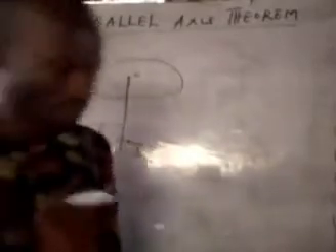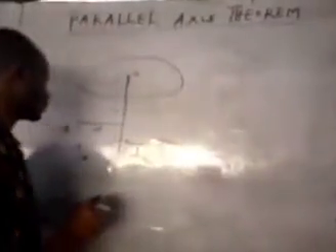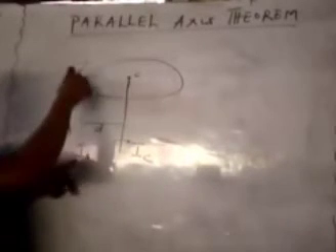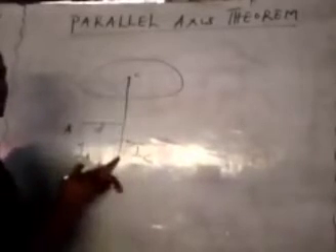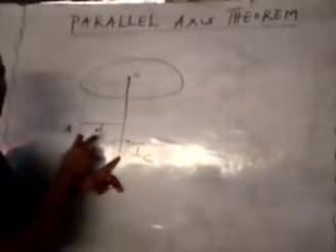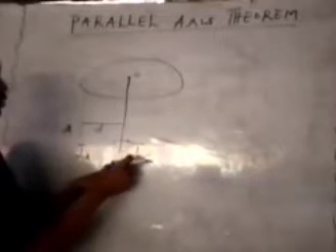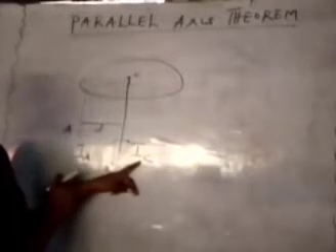The parallel axis theorem states that the moment of inertia about any axis, which is parallel to the axis passing through the center of gravity, separated by a distance of D, can be found when the inertia through the center of gravity is given.